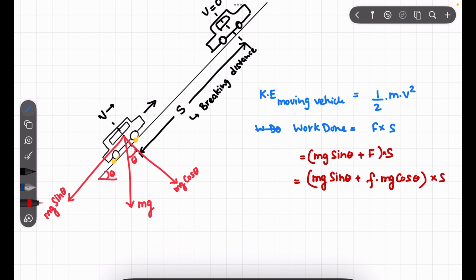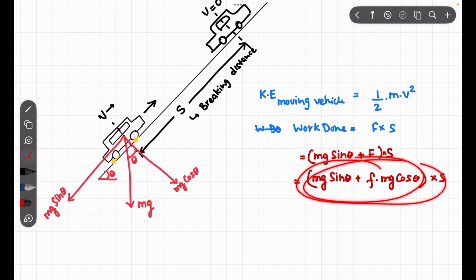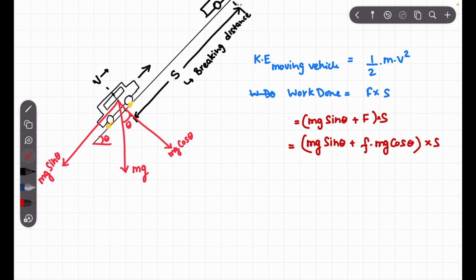This work done should be equal to or greater than the kinetic energy; only then will the vehicle stop. So the kinetic energy lost should be equal to the work done.